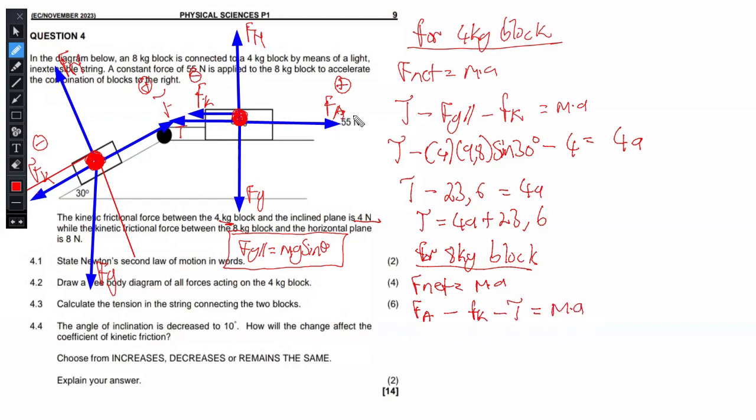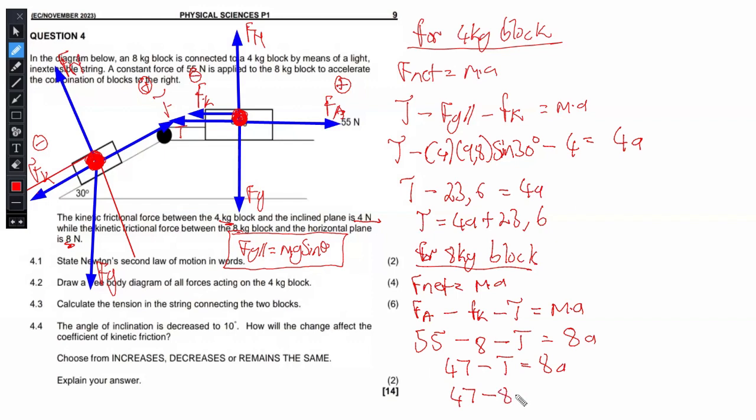Now force applied, as we can see here, is 55 newtons. And then our Fk, when we read here, they said the kinetic frictional force between the 8 kg block in the horizontal plane is 8 newtons. So we have 55 minus 8 minus T is equal to 8a. Now 55 minus 8 will give us 47. So 47 minus T is equal to 8a. Now, again, here we can make T the subject of the formula.